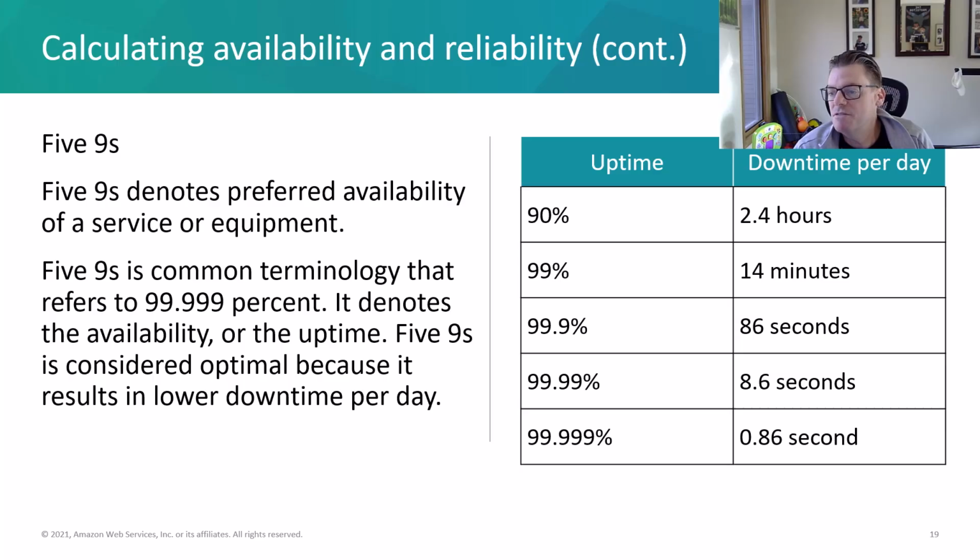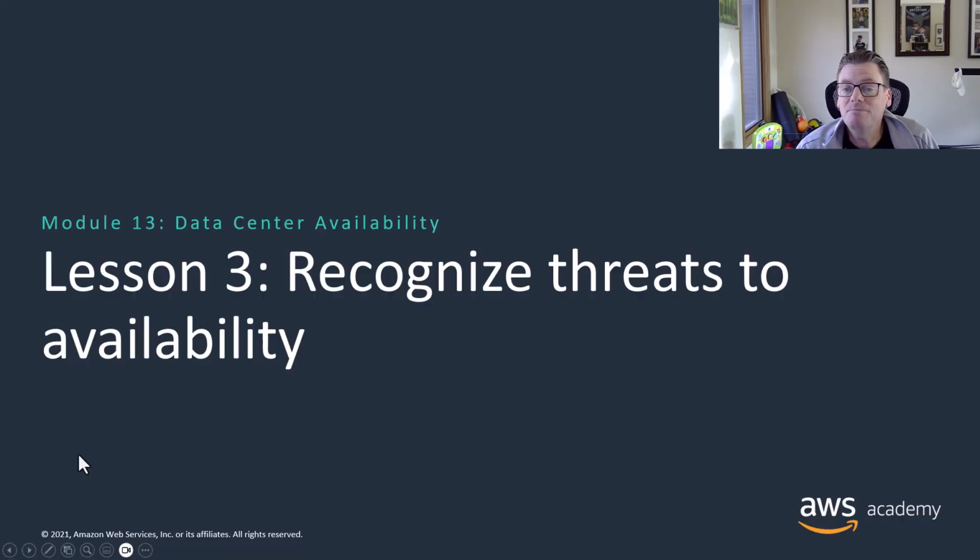So this is an interesting graphic. I don't think I've ever seen it expressed in terms of downtime per day. If we look at it, right, 99% uptime still gives you 14 minutes of downtime a day. That is significant.